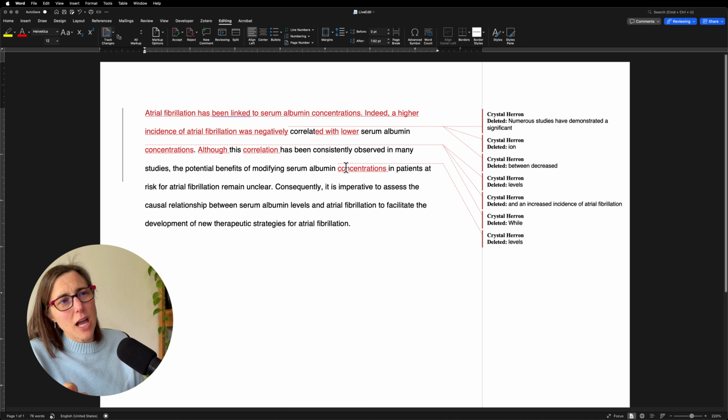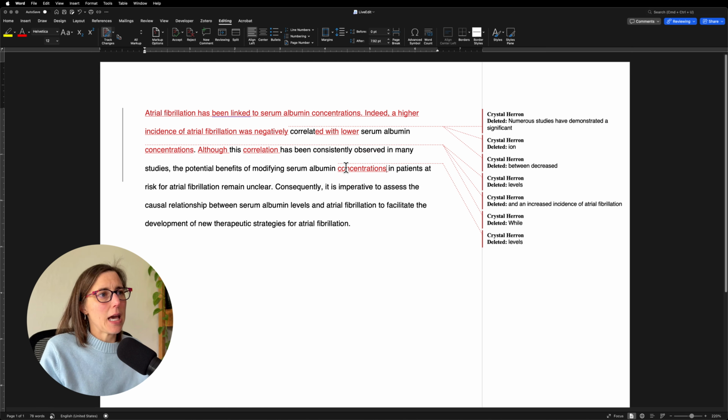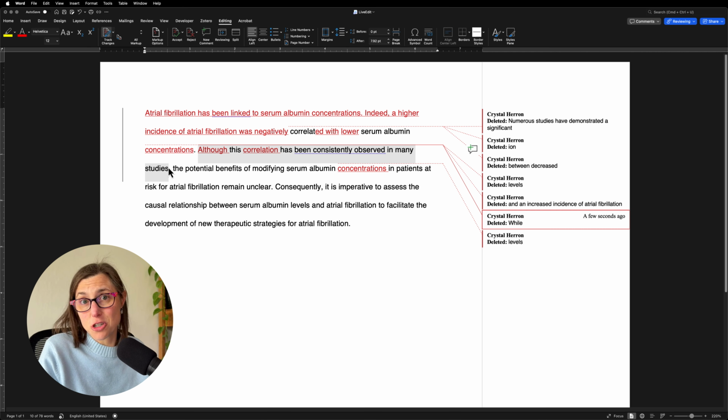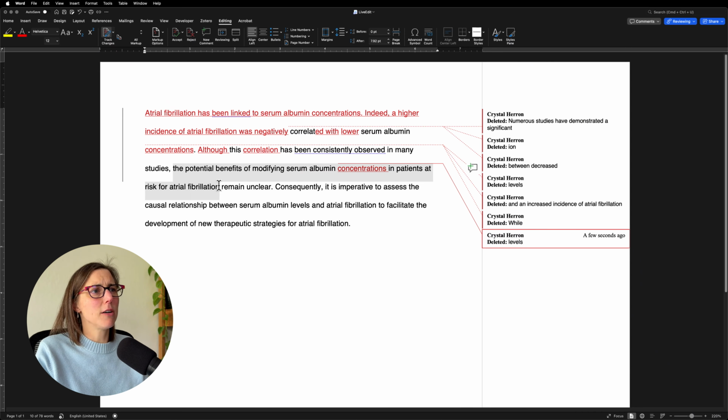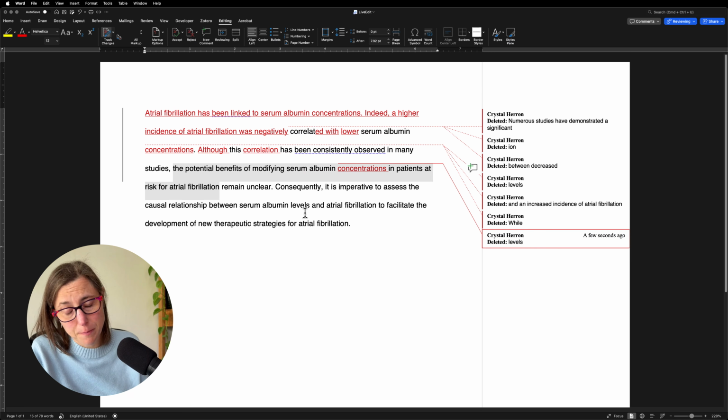The other thing to notice here is that this phrase is serving as a transition to guide readers from the preceding sentence into this sentence. We're going to deal with that in a moment. The thing I want to point out is that the actual subject of this sentence is all of this: the potential benefits of modifying serum albumin concentrations in patients at risk for atrial fibrillation.